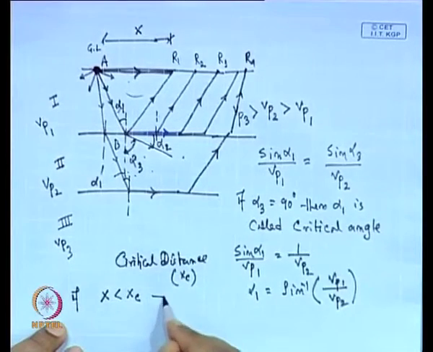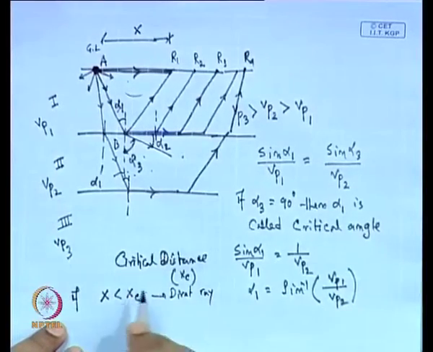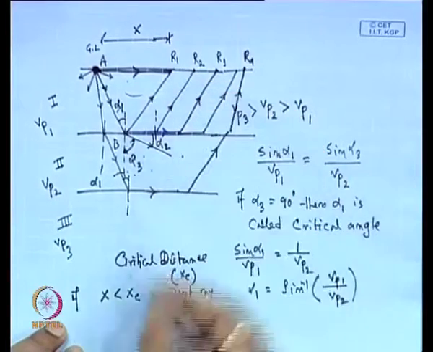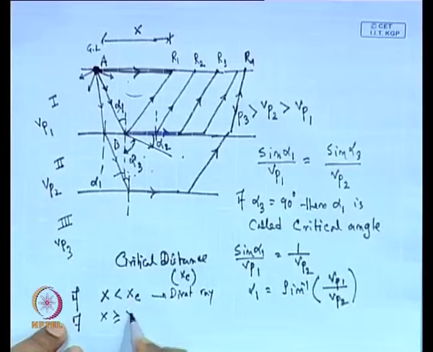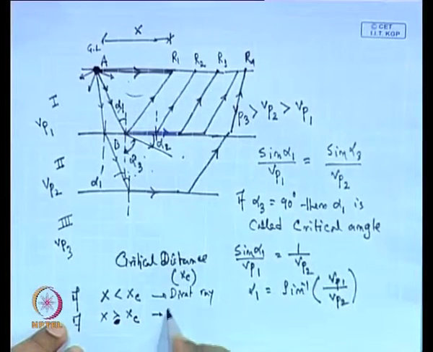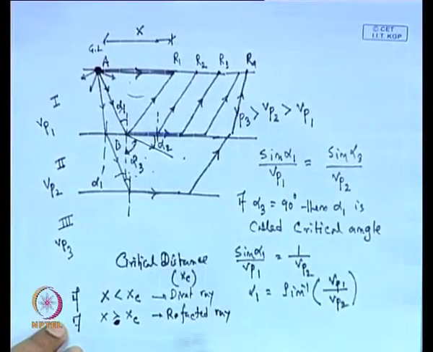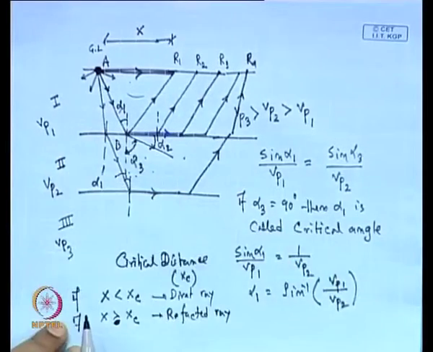then the direct ray will be received by the receiver before the refracted ray, and if x is greater than or equal to x c, then the refracted ray will be received by the receiver before the direct ray.